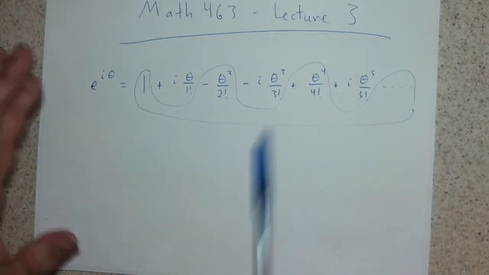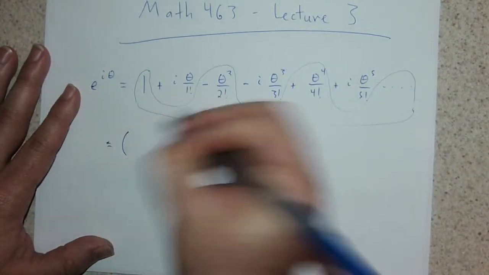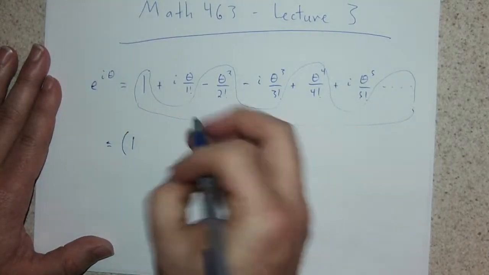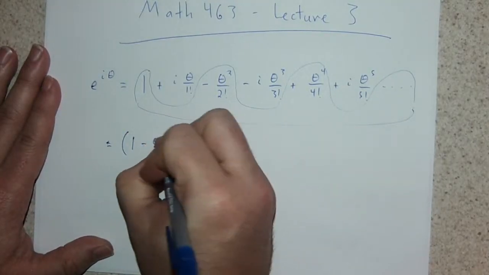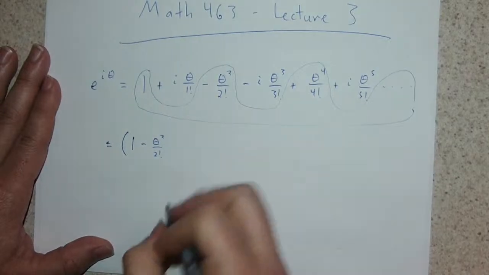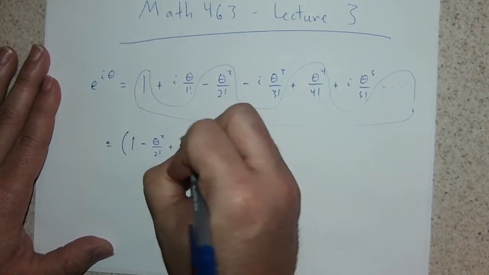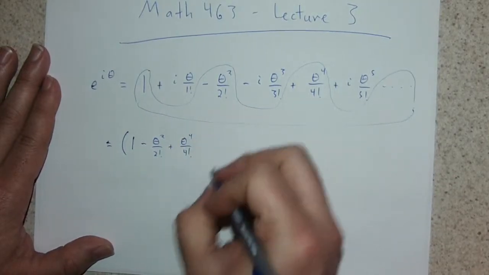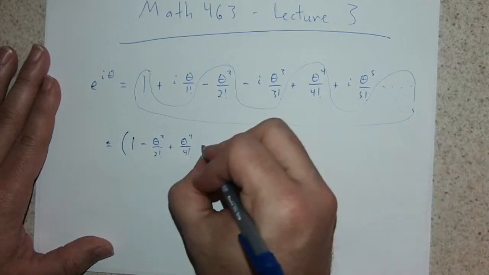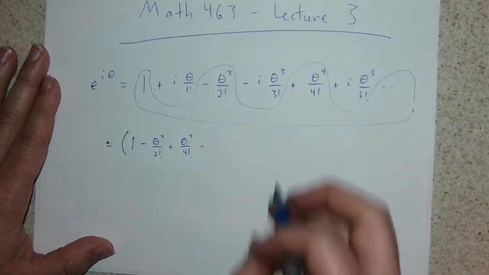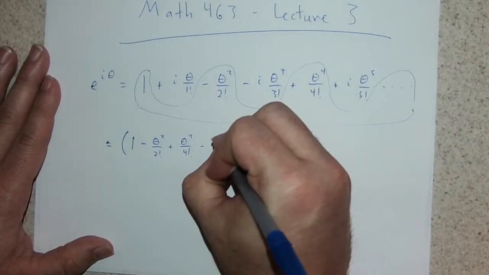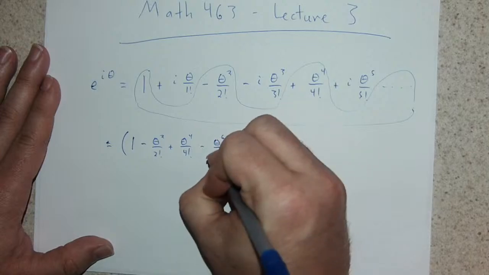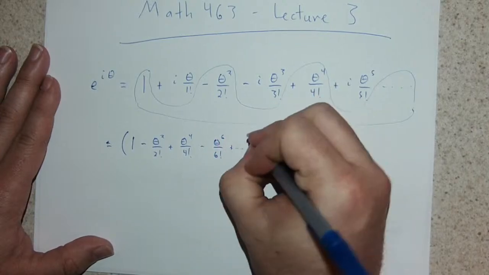I'm going to group that as 1 minus theta squared over 2 factorial plus theta to the fourth over 4 factorial. Turns out that next one is going to be a minus. You can check that because i to the 6 is minus 1. So this is minus theta to the 6 over 6 factorial, and so on.